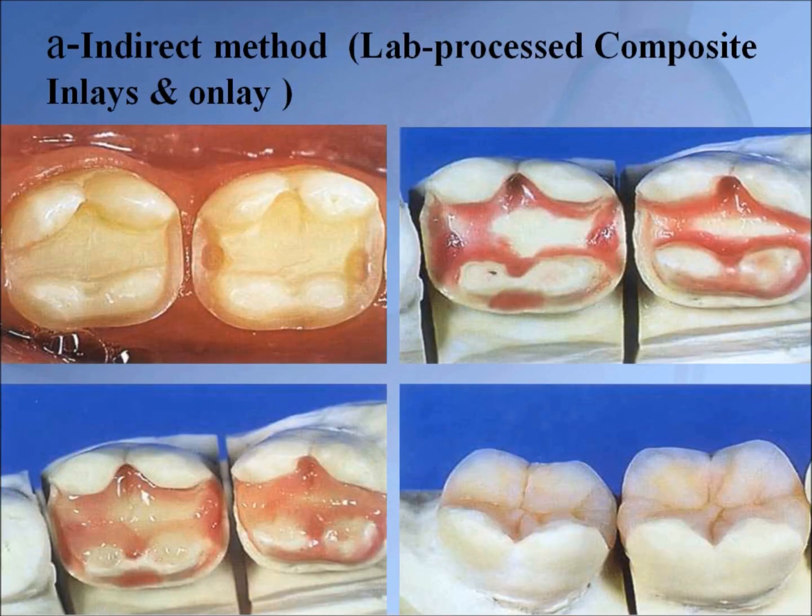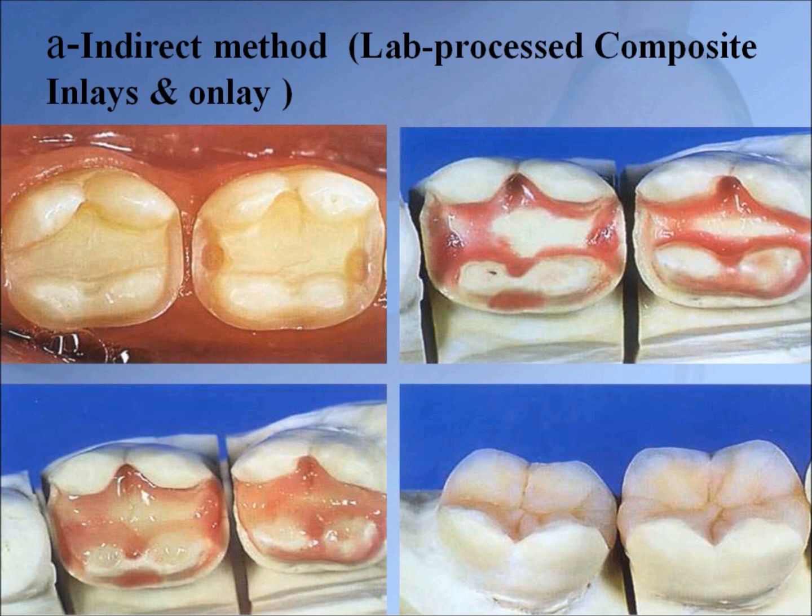Indirect method. Lab processed composite inlays. Class 2 cavities involving partial or full coverage cannot be properly restored using the semi-direct technique. The inlay is fabricated on a die after the separating media is applied to the die.